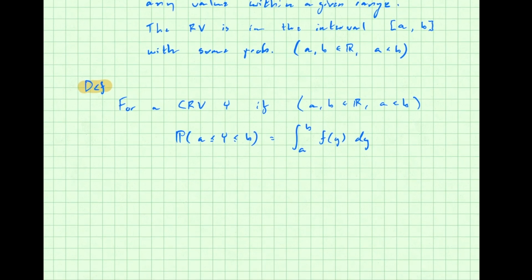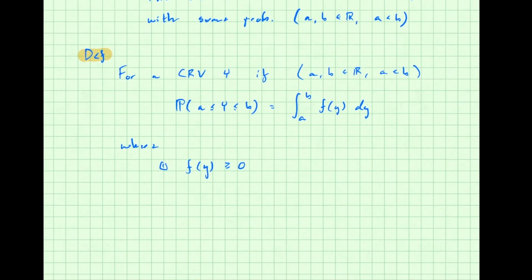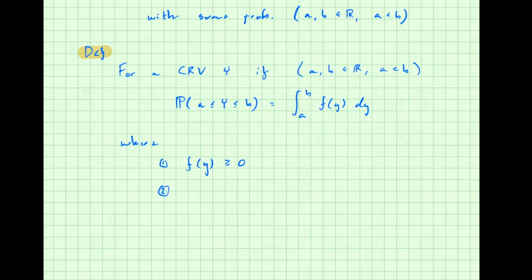And so in the definition, I'm going to put its properties. So where, 1, f of y is greater than or equal to 0 always, and 2, the integral from minus infinity to infinity of f of y dy is 1. Right?